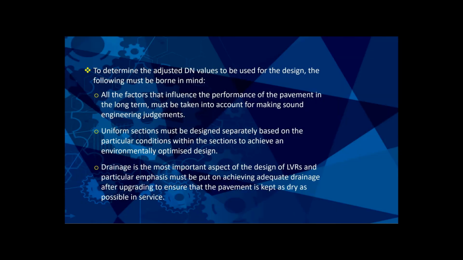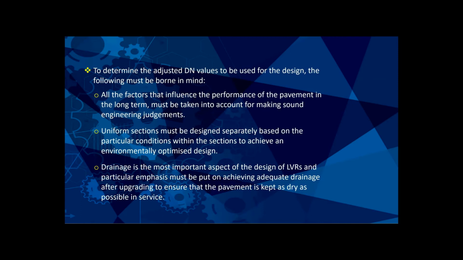To determine the adjusted DN values to be used for the design, the following must be borne in mind. All the factors that influence the performance of the pavement in the long term must be taken into account for making sound engineering judgments. Uniform sections must be designed separately based on the particular conditions within the sections to achieve an environmentally optimized design.